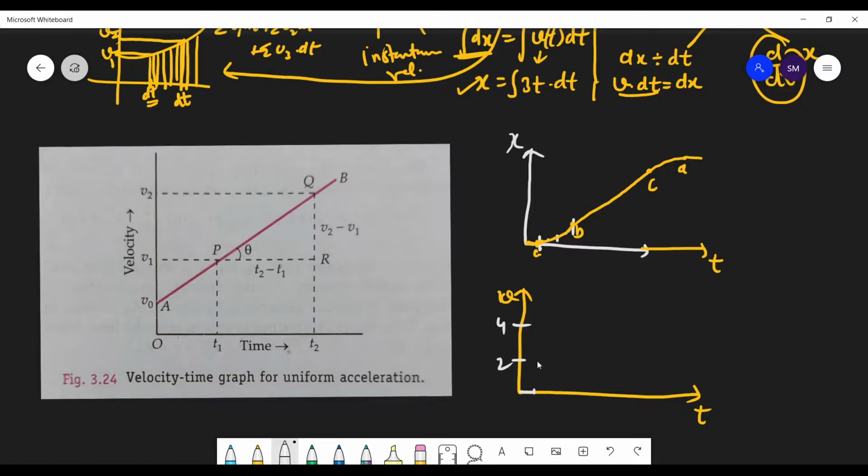So here the slope reaches from 2 to 4. So theta was increasing. And from here to here, same slope. Now from C to D. This was point A, this is point B, this is point C, and this is point D.